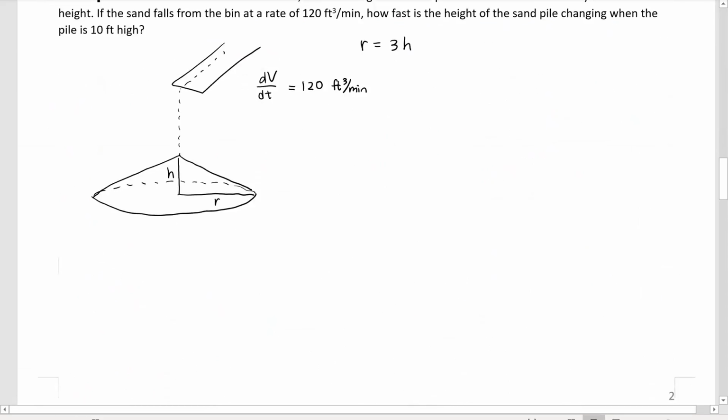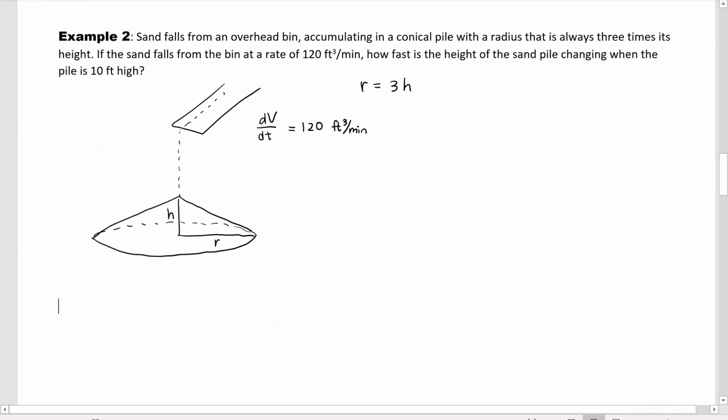Okay, let's come back. All right. Because we're getting more and more sand, that's why the rate of change is a positive number. And then we're asking how fast. So what is our goal?